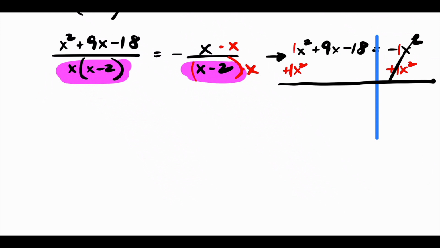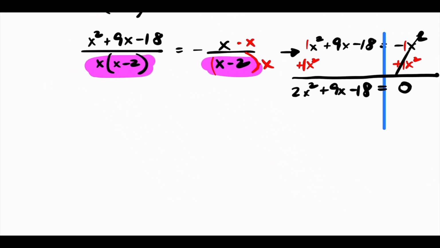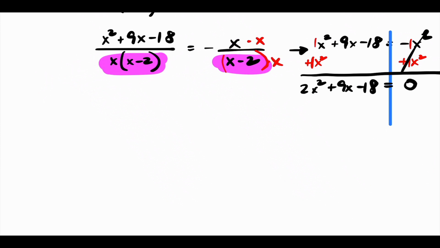So get everything on the same side. That means I'm going to have 2x squared plus 9x minus 18. It's been a while since we saw a b anything but 1. We saw a lot of these last semester, but I don't think we've seen too many this semester. So this is not really a new thing, but it's just something you haven't seen in a while.